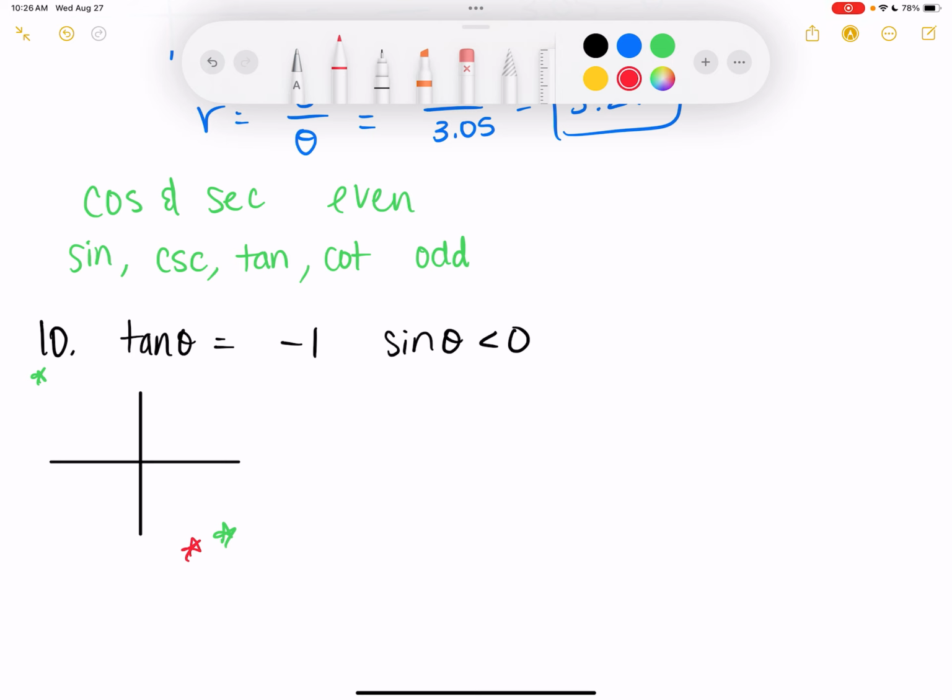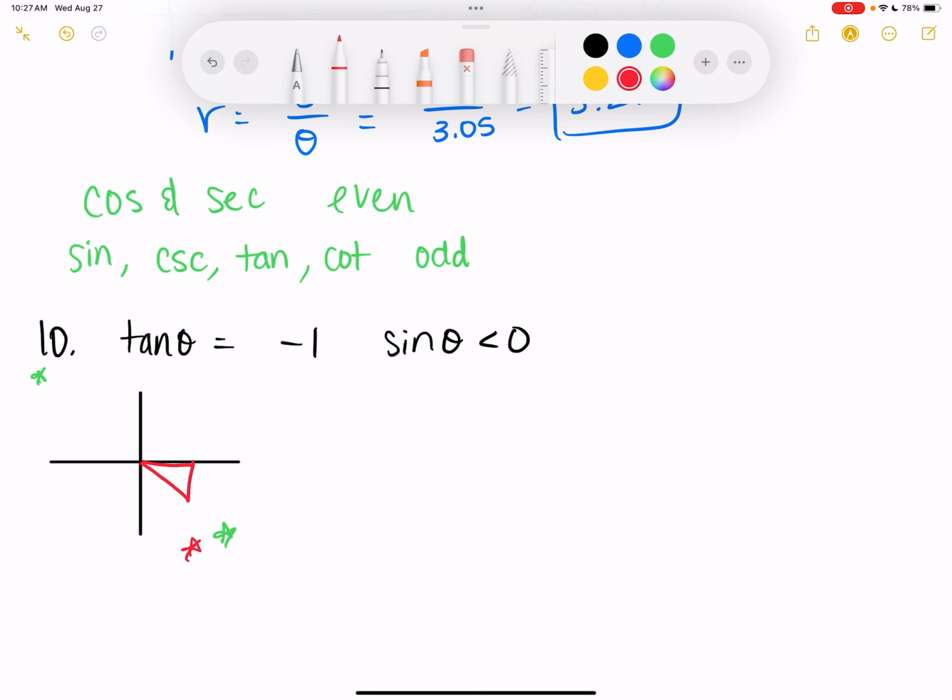So I'm going to just draw my little triangle here like normal. The tangent is y over x. So obviously, it's just 1, but it's like 1 over 1, and something is negative.